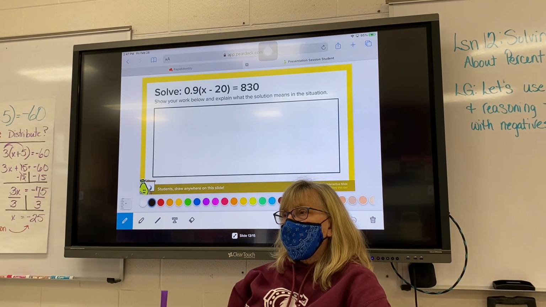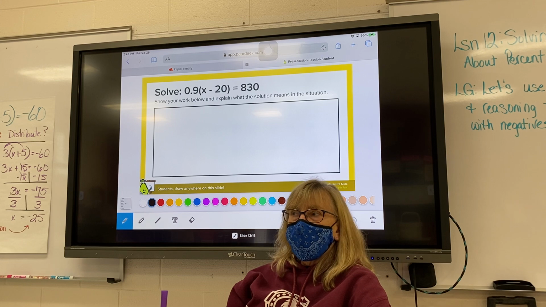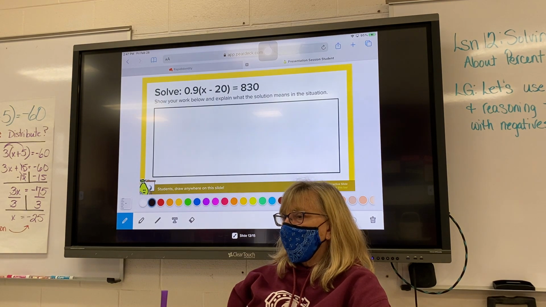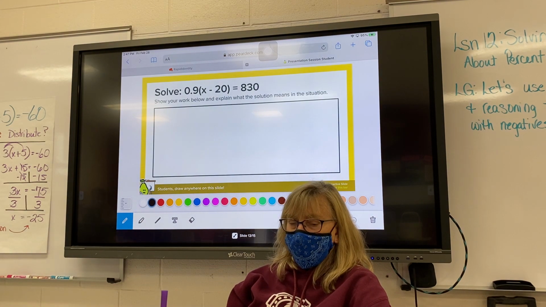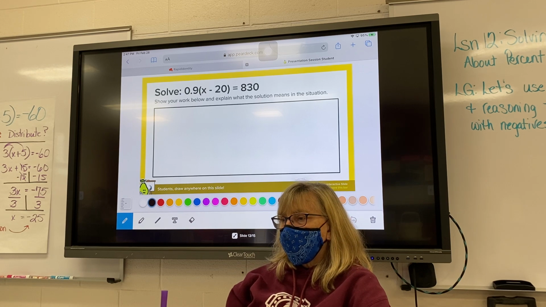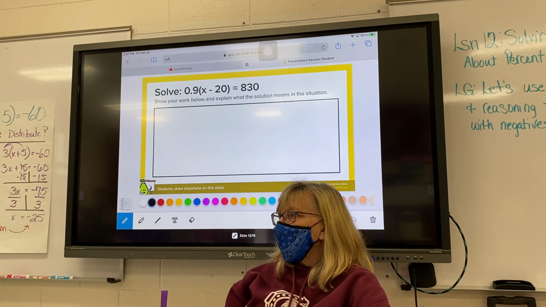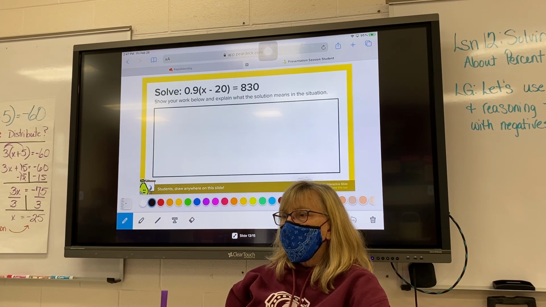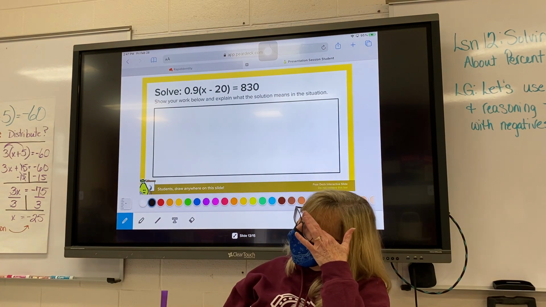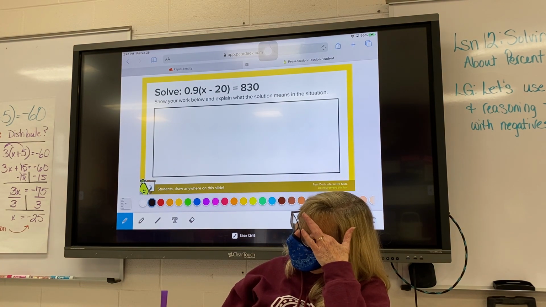Is there subtraction? Yes. Okay, get rid of it first. Copy, change, opposite. Then you're going to ask yourself, are there parentheses? If there are, you have two options to get rid of them. Divide or distribute.